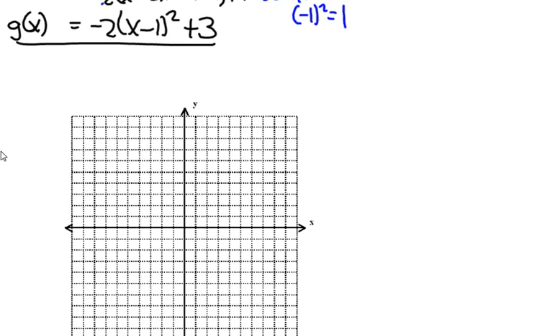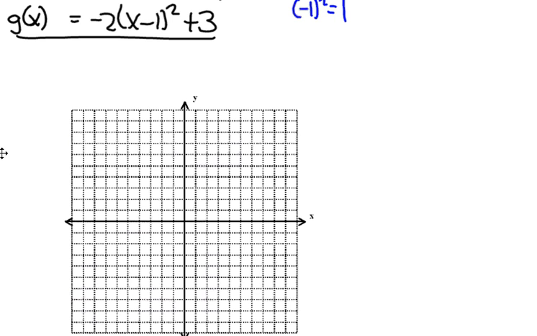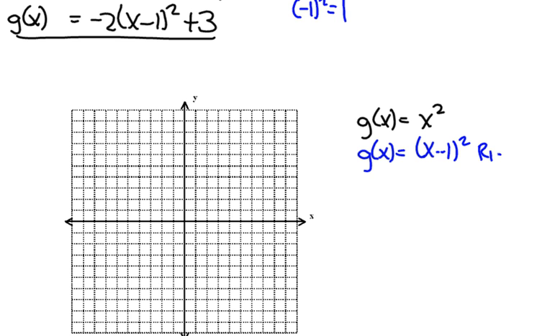All right, so let me list out my transformations as done earlier. Again, start with the parent function. Take care of the -1. Which direction is that going to go? That'll go to the right. All right, so now I'm going to take care of the negative.